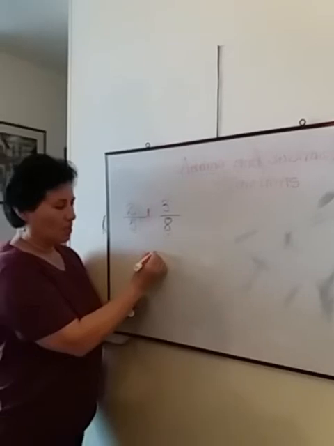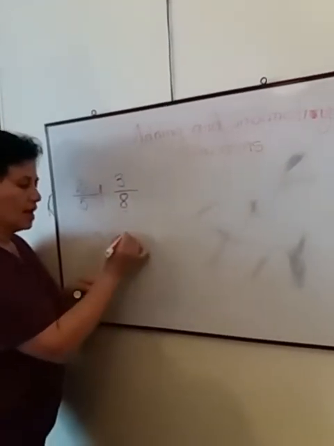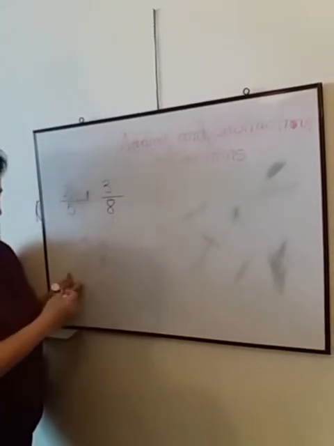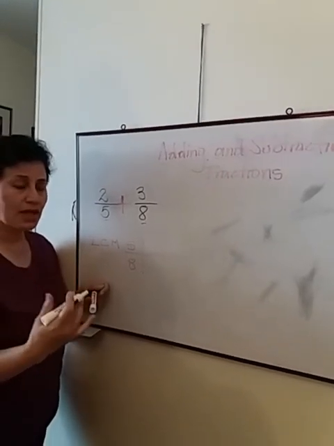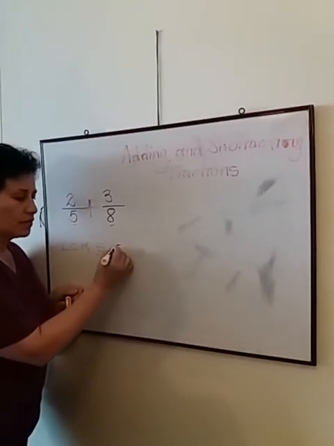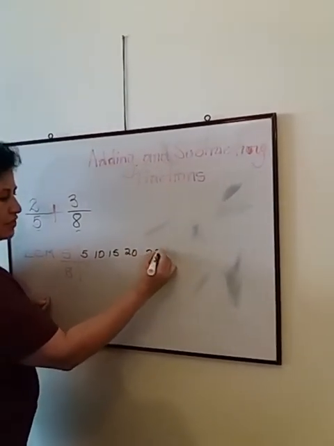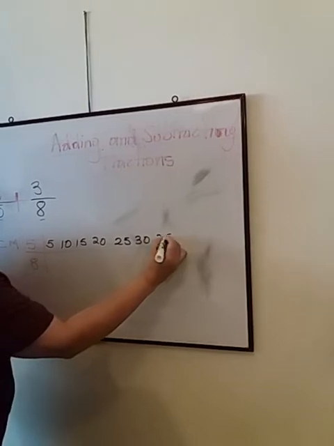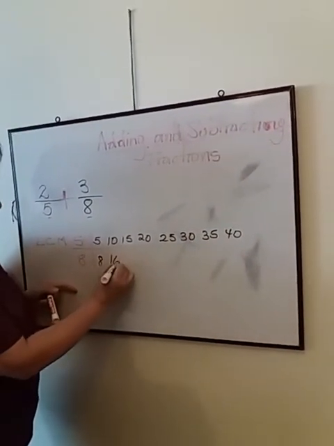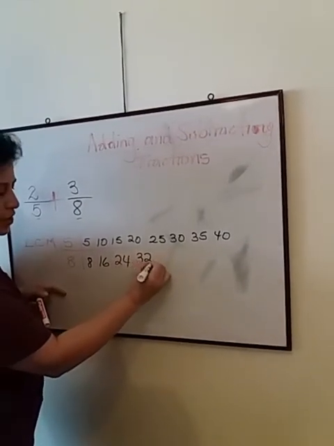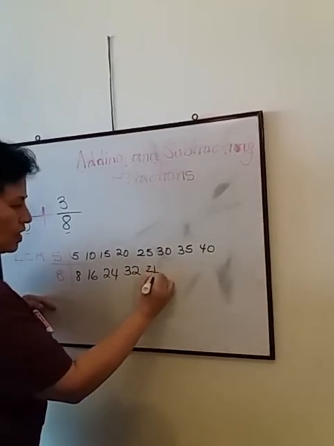So let's remember multiples of 5, multiples of 8, and I make the list of multiples. I start with multiples of 5, all the answers of the multiplication by 5. So I start 5, 10, 15, 20, 25, 30, 35, 40. 8, 16, 24, 32, 40.